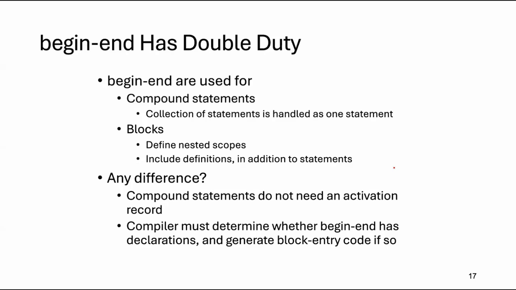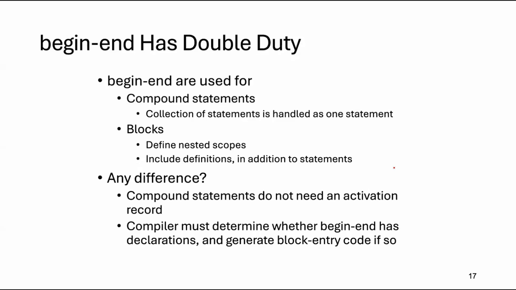Now, is there a difference in behavior when the compiler handles the begin and end, whether compound statement or block? Yes. When you use begin and end for a compound statement, you do not need an activation record. If you remember, an activation record keeps the information about a block when you try to enter another block while you're within a certain block, because you don't want to mess up the variables that you defined before inside the block.